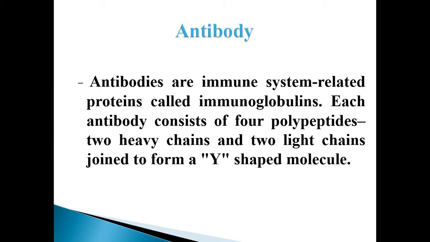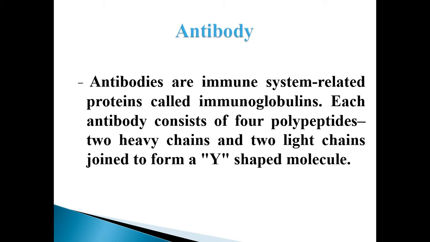Antibodies are immune system related proteins called immunoglobulins. Each antibody consists of 4 polypeptides, 2 heavy chains and 2 light chains, joined to form a Y-shaped molecule. Antibodies, or immunoglobulins, are gamma globulins which are produced in response to antigenic stimulation.